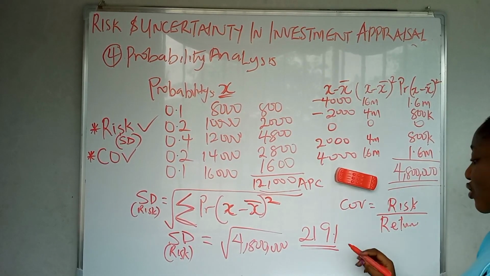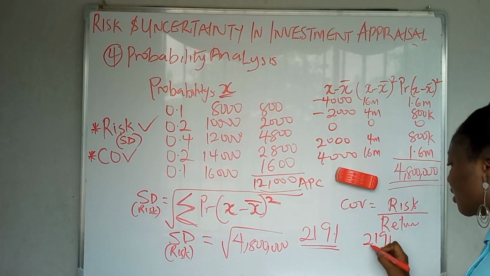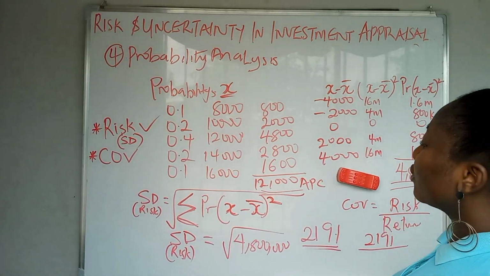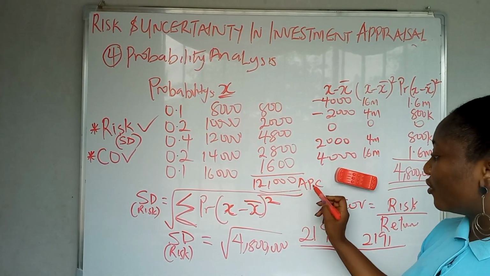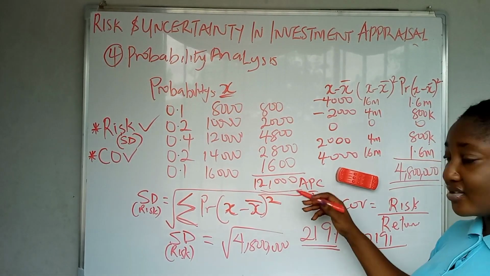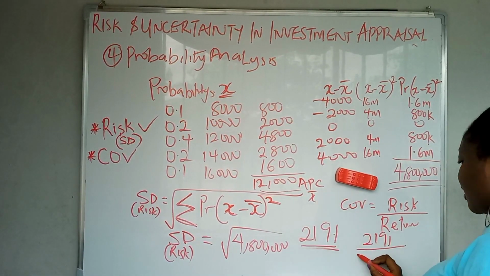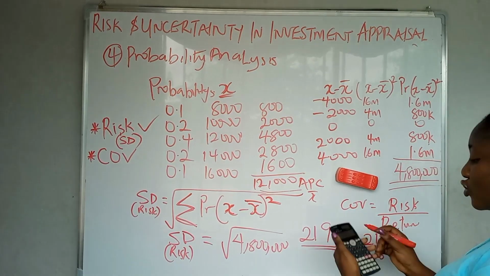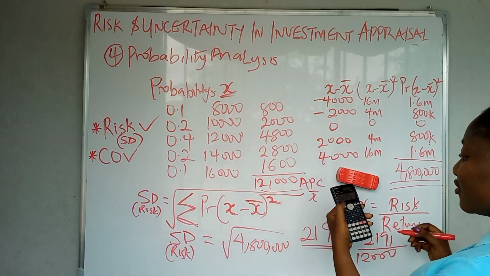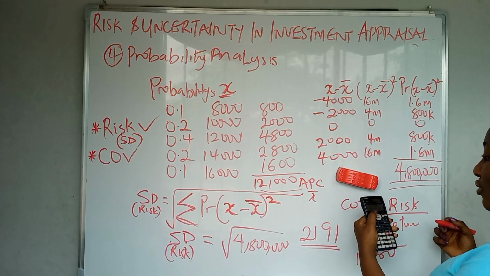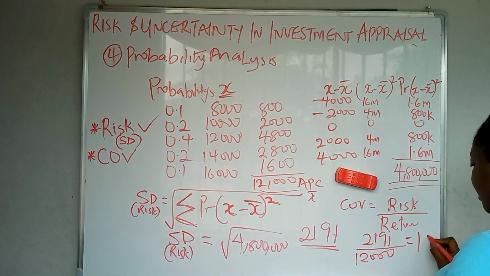And your risk is what? 2191, divided by your return. The return now, that's your x bar, what you used as your cash flows, that's 12,000. So 2191 divided by 12,000, and that gives you 18.25%. Let us say 18%, right?